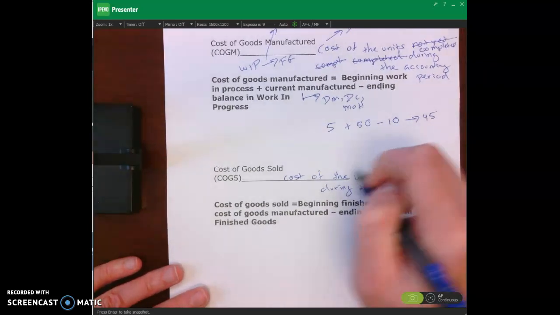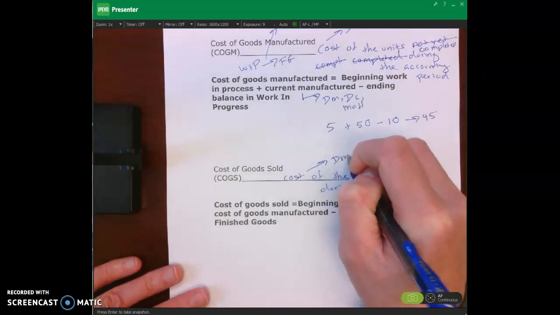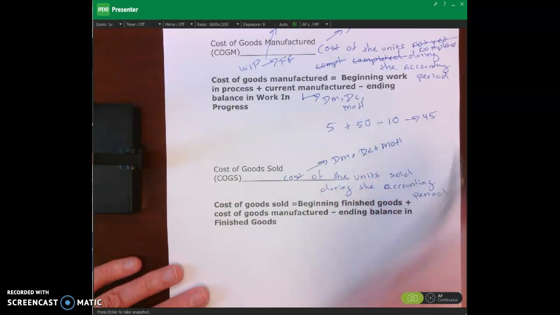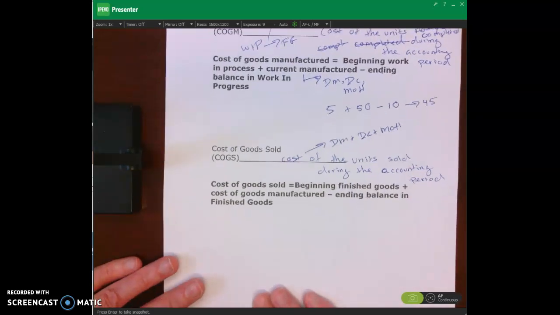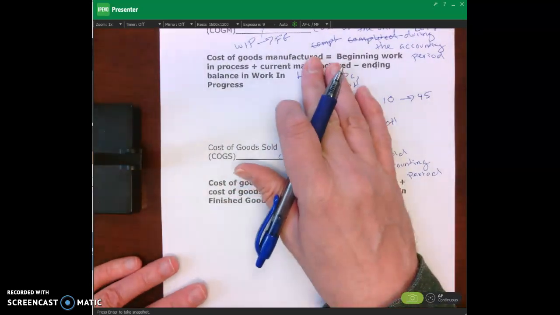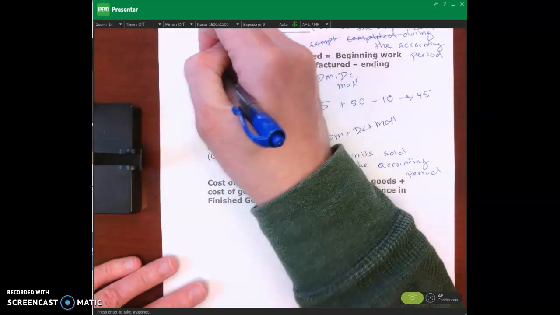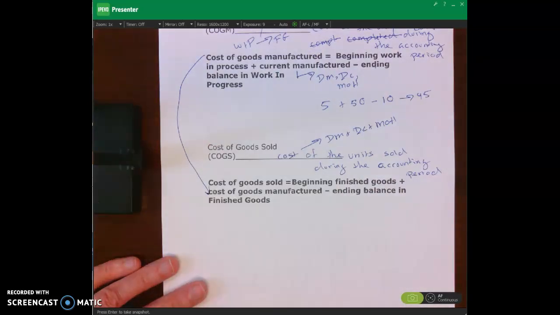Again, what I mean is our direct materials plus our direct labor plus our manufacturing overhead. And the way we calculate cost of goods sold is similar to calculating cost of goods manufactured in the sense that we take the cost of our beginning finished goods plus our cost of goods manufactured. So we have to first calculate cost of goods manufactured to calculate cost of goods sold.